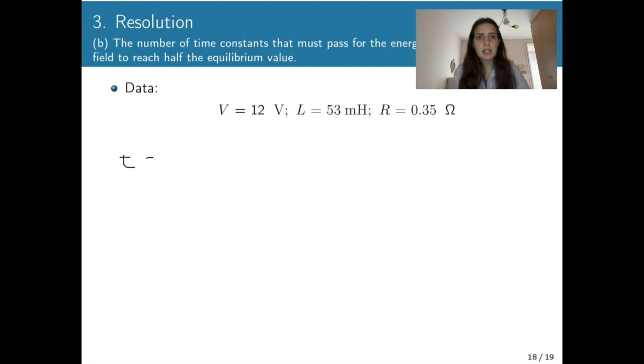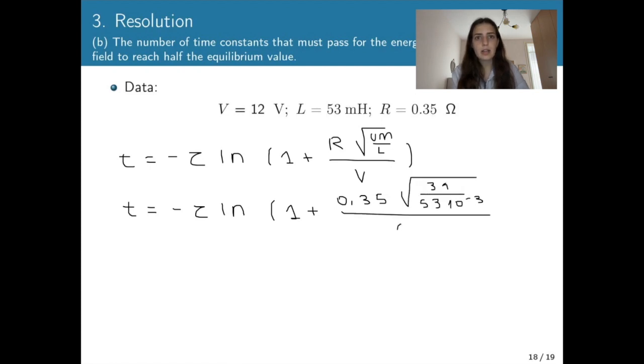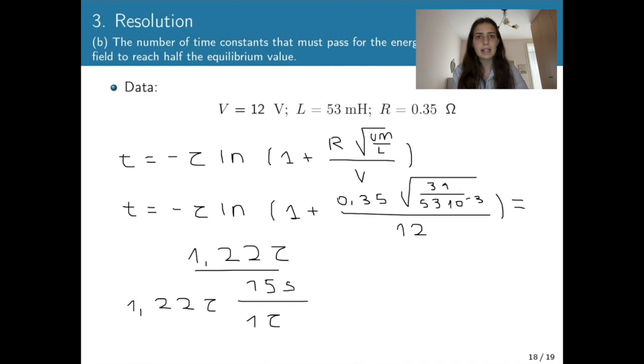Now we isolate the time from the equation that we had before and leave it in terms of tau. Then we substitute with the data and obtain that the time is 1.22 taus.